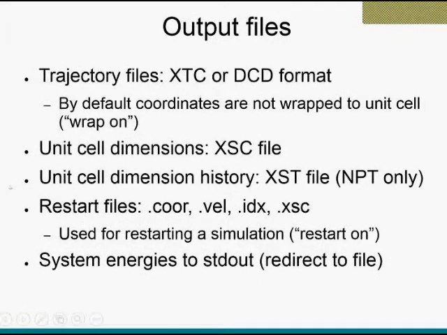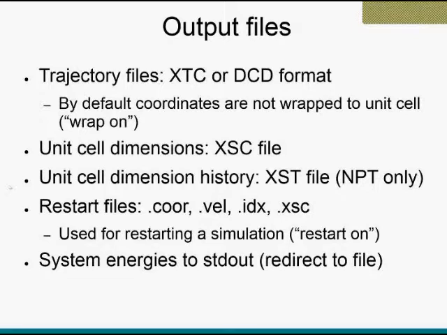It's straightforward. Once ACEMD is terminated, it's produced a bunch of output files. The first are the trajectory files in XTC or DCD format, depending on what you ask for. We now recommend XTC format, as I said before. It's much more space efficient.